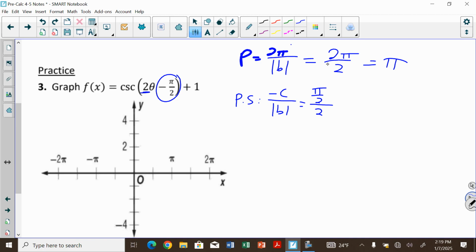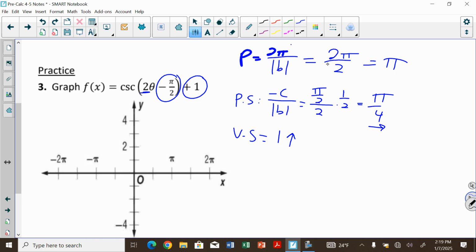When we divide by 2 or multiply by 1/2, you're going to get pi over 4 for the phase shift. We also have a vertical shift of 1. So we're going to move to the right pi over 4, and we're also going to move up 1 as well.